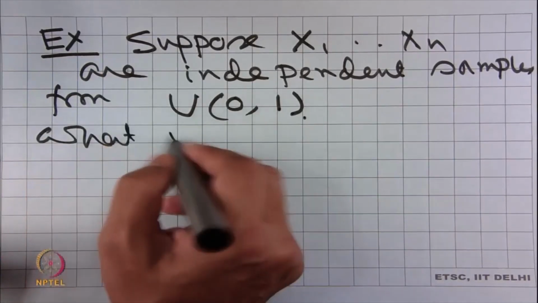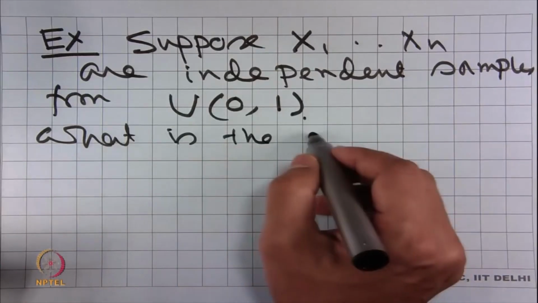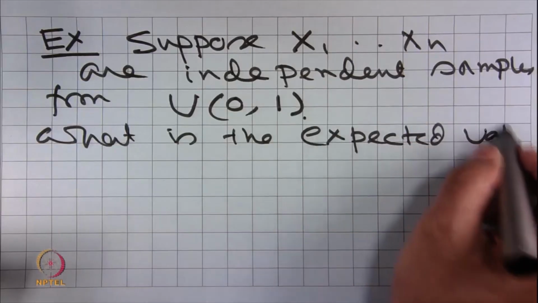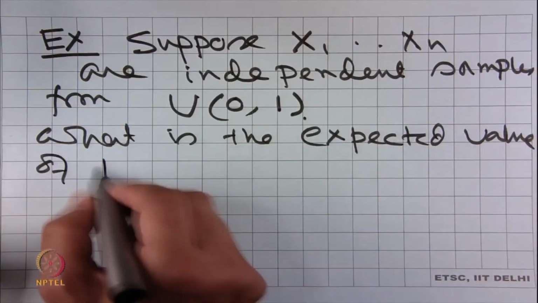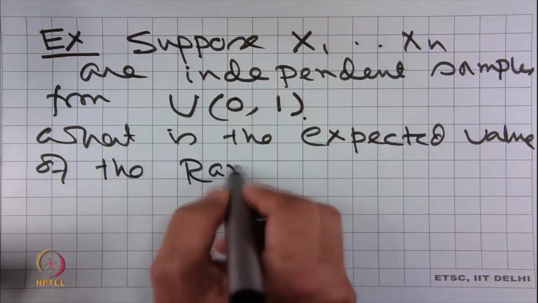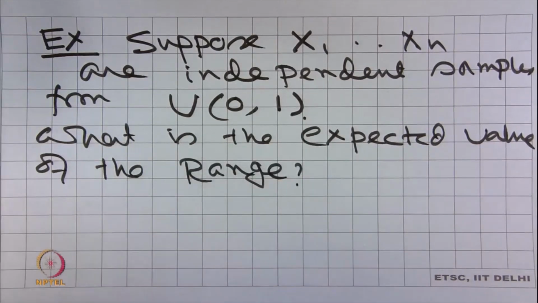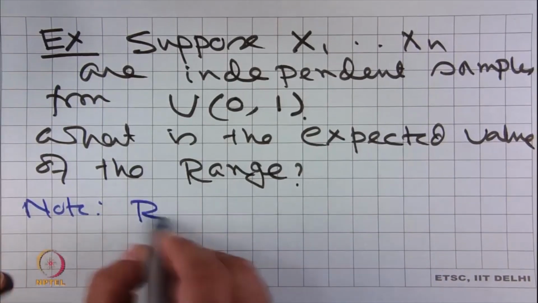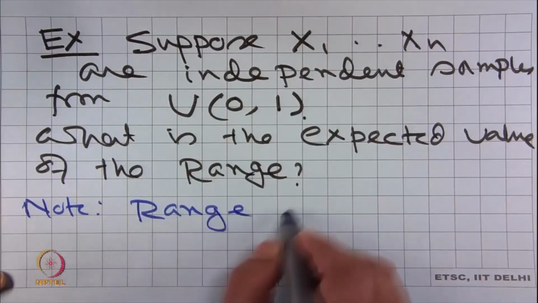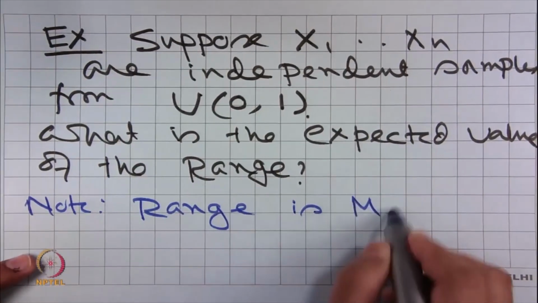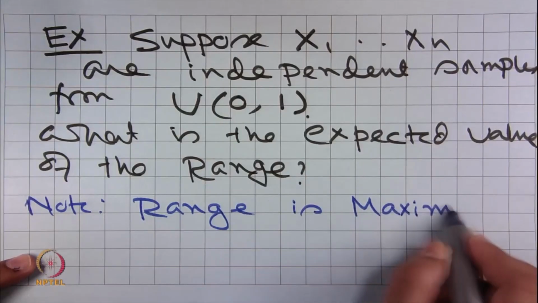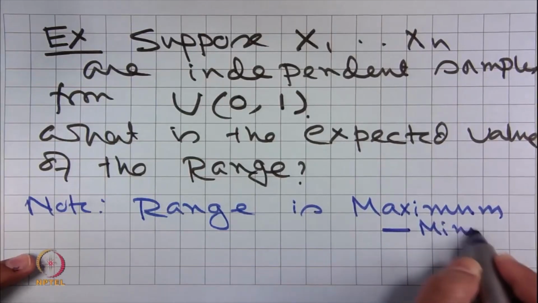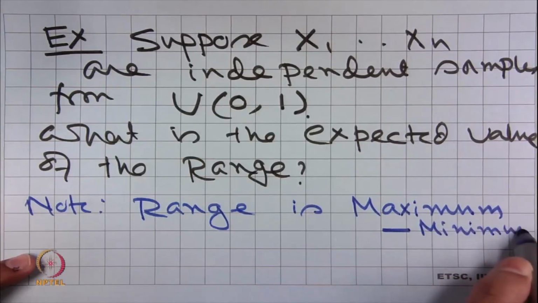What is the expected value of the range? What is the range? It is the difference of the maximum minus the minimum.